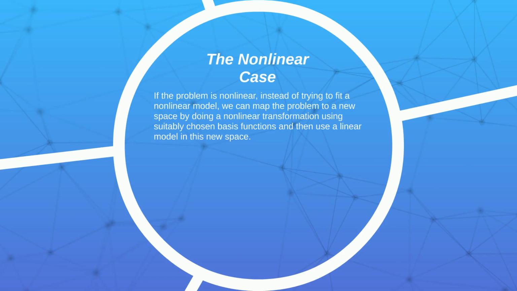If the problem is non-linear, instead of trying to fit a non-linear model, what we can do is actually map the problem to a new space by doing a non-linear transformation using suitably chosen basis functions, and then use a linear model in this new space. The linear model in the new space corresponds to a non-linear model in the original space. This approach can be used in both classification and regression problems, and in the special case of classification, it can be used with any scheme. In the particular case of support vector machines, it leads to a lot of different simplifications.